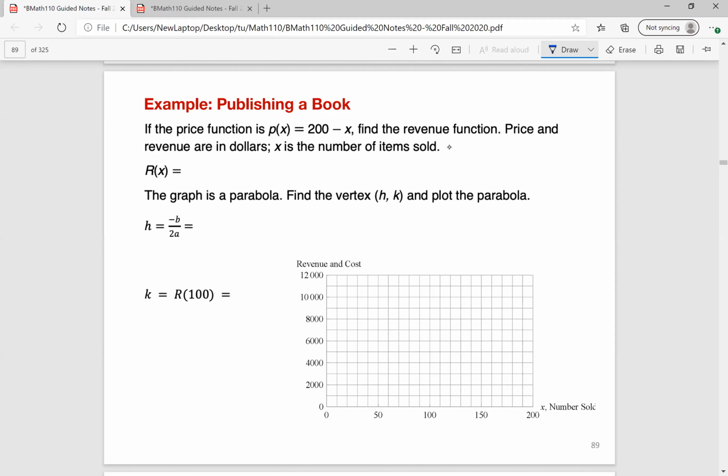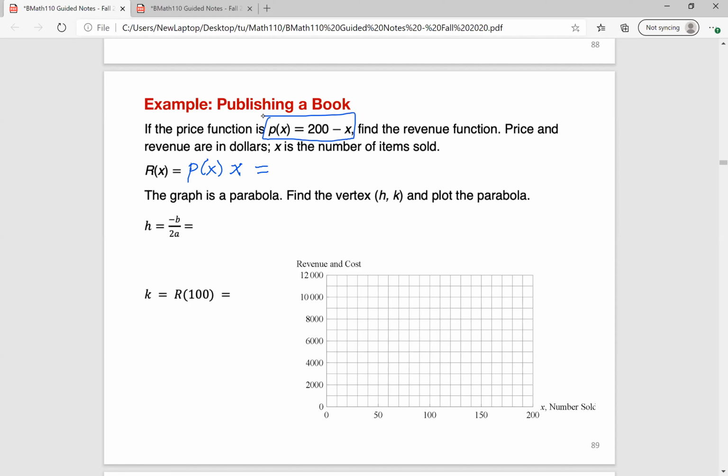You remember that revenue equals p of x times x. Then you just substitute the price demand function into p of x, and you have 200 minus x times x, and then do distribution.